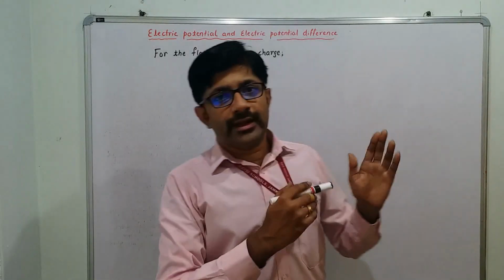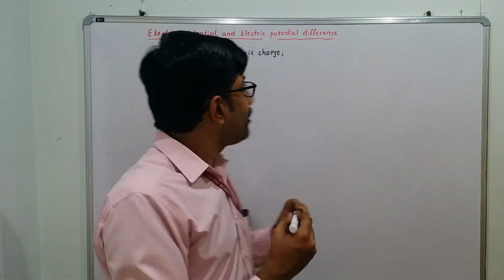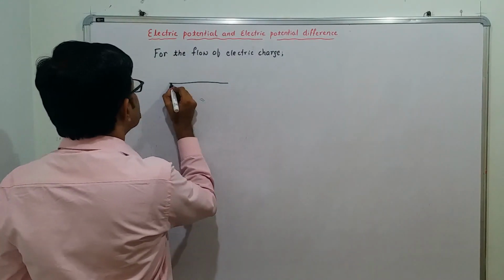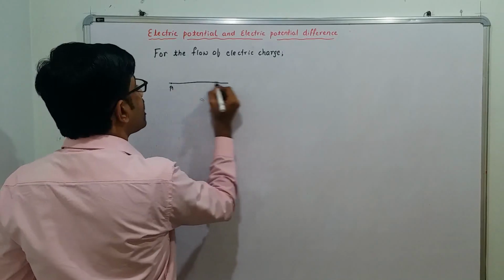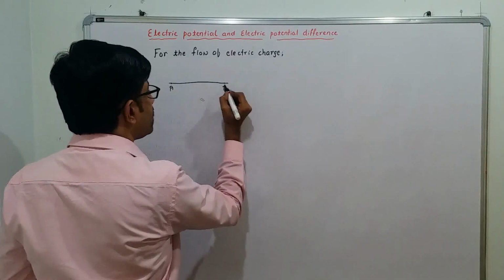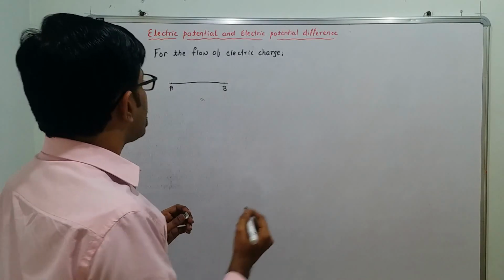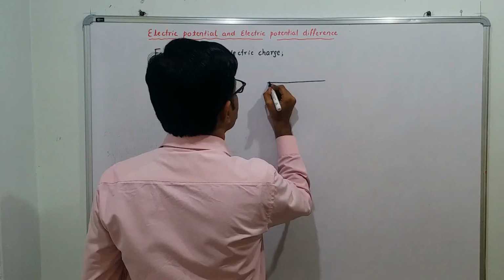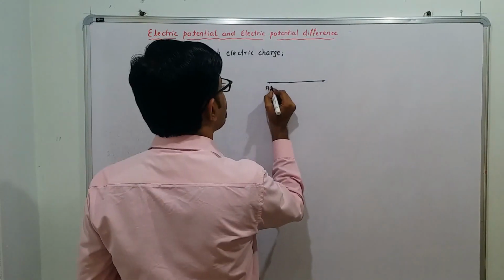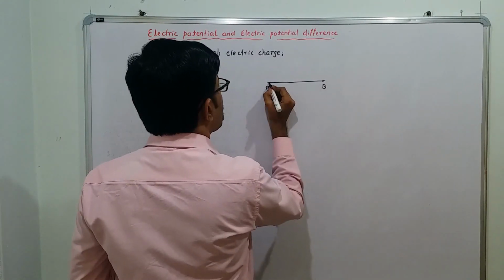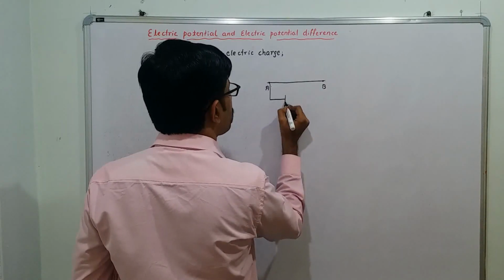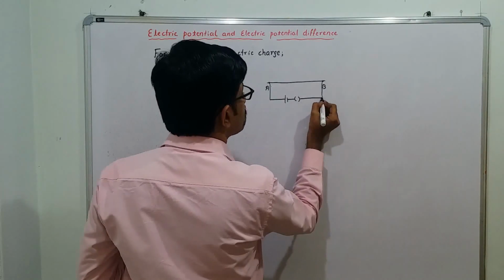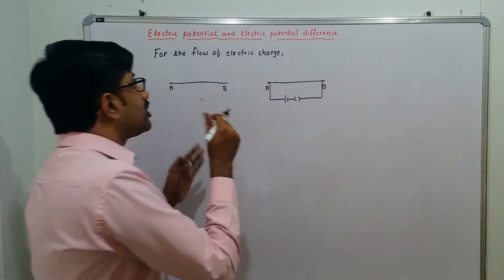For the flow of electric charge, let us bring a metallic wire like this. It has two ends, A and B. And in the second case, for that same wire AB, we are connecting a source of battery and a plug key to get the difference.